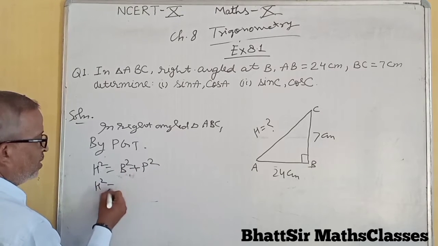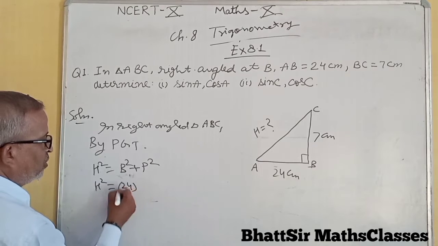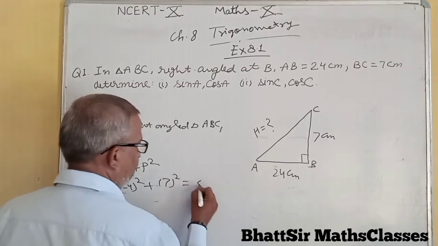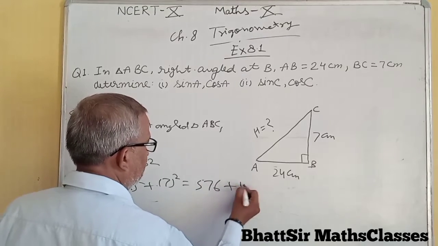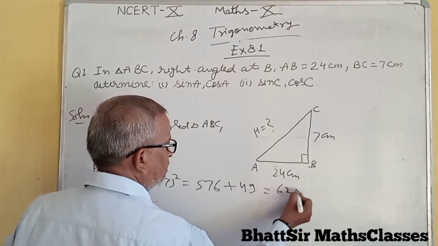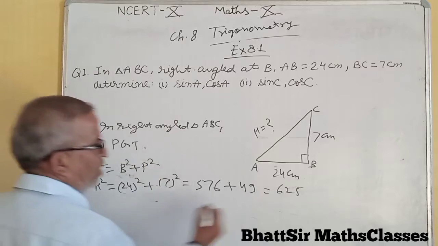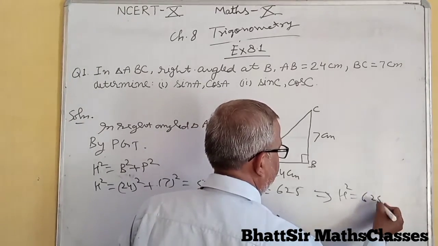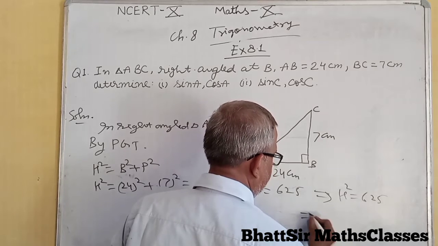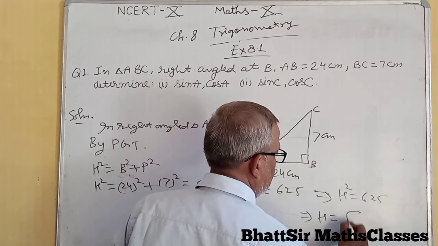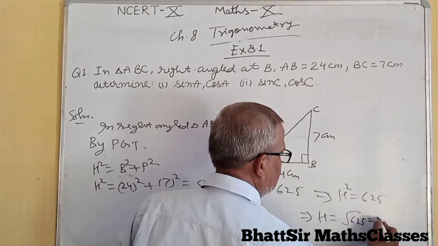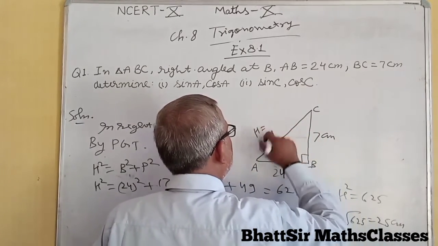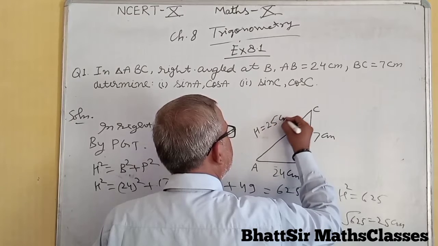Hypotenuse square equal to 24 square plus 7 square equal to 576 plus 49, 625, implies that H square equal to 625, implies that H equal to under root 625 equal to 25 centimeter. So it is 25 centimeter.